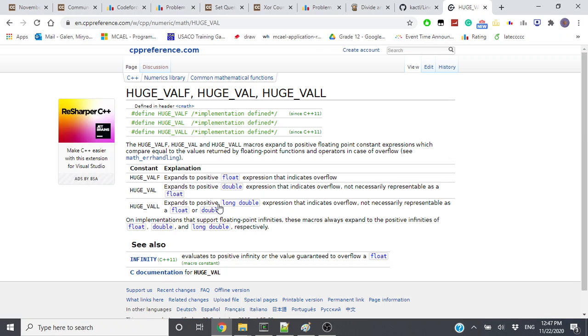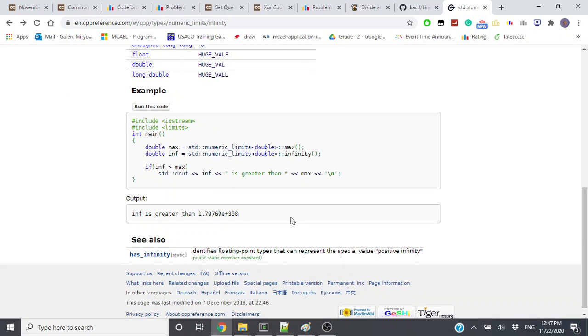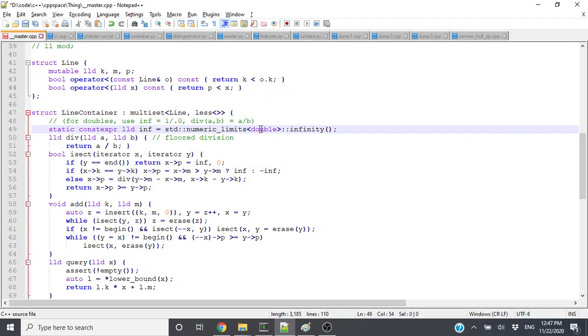What is this? HUGE_VALL. Guess we could do something like this.